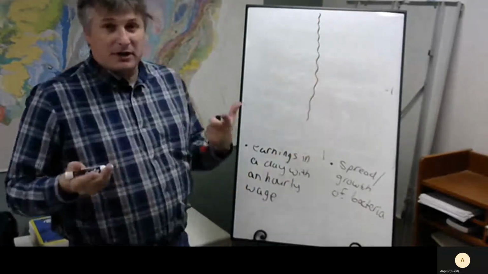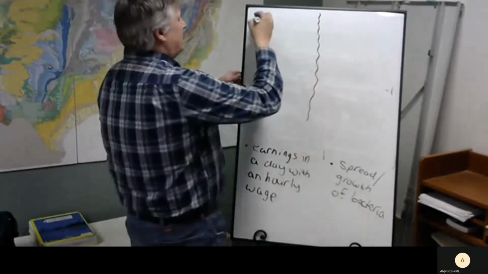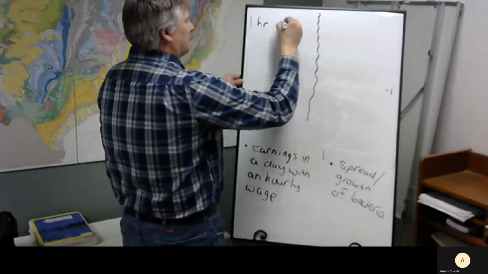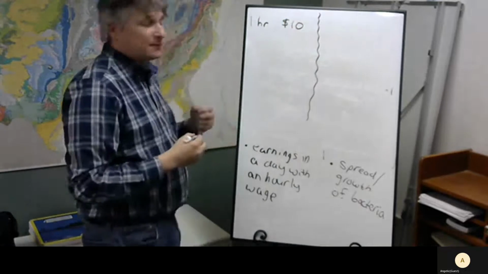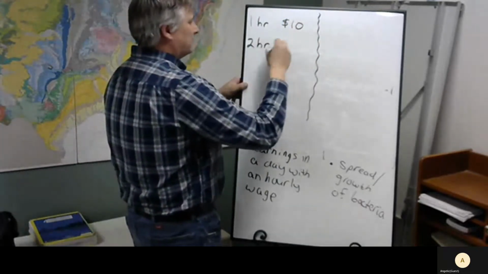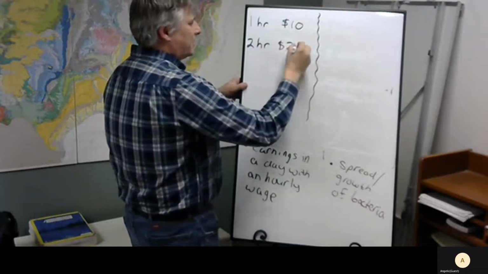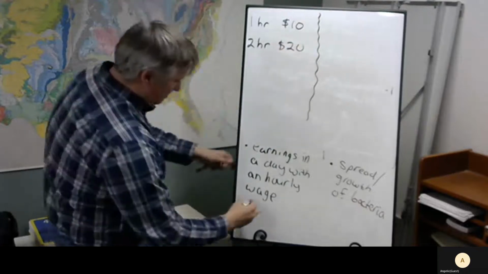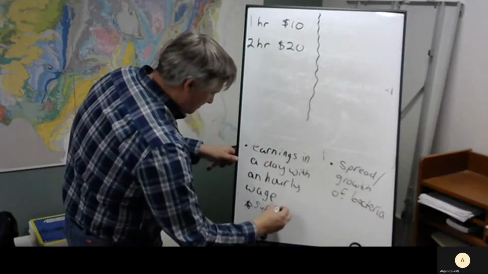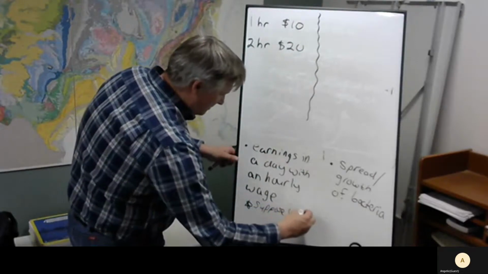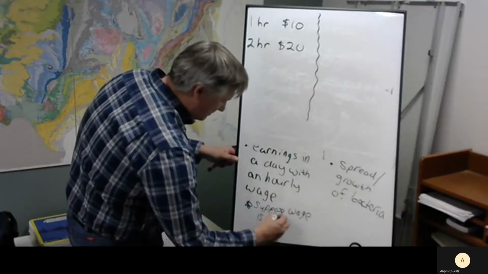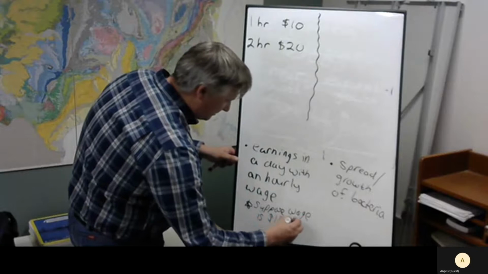So let's say you're earning an hourly wage. At the end of 1 hour, you've earned $10. At the end of 2 hours, you've earned a total of $20. And let's say I'll insert this. Suppose wage is $10 per hour.